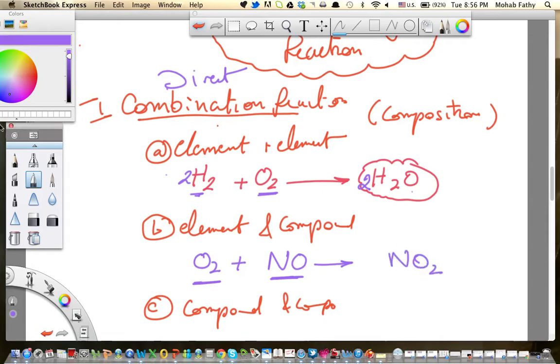Can you balance this one? Here there are 3 oxygens and here only 2. So we put 2 in front of the NO. And now there's 2, 4, so put 2 in front of this one. Yeah, that's it. Right.